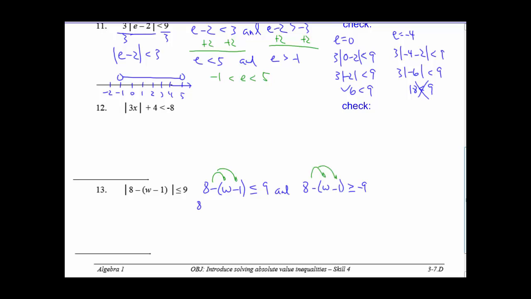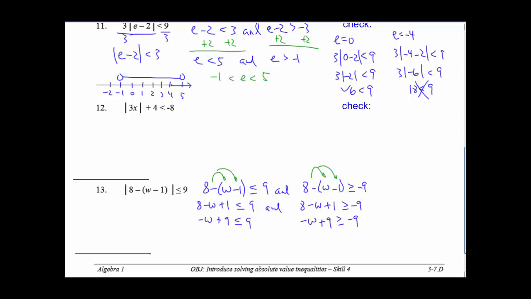We're going to make this 8 minus w plus 1 is less than 9, and 8 minus w plus 1 should be greater than or equal to negative 9. Okay. Before you start moving things across the inequality, combine like terms on the left-hand side. So 8 plus 1 gives us negative w plus 9, less than or equal to 9. And negative w plus 9 is greater than or equal to negative 9.